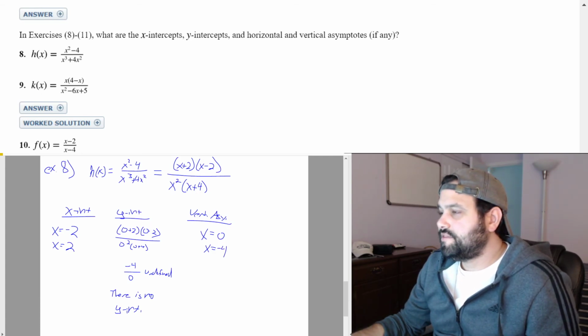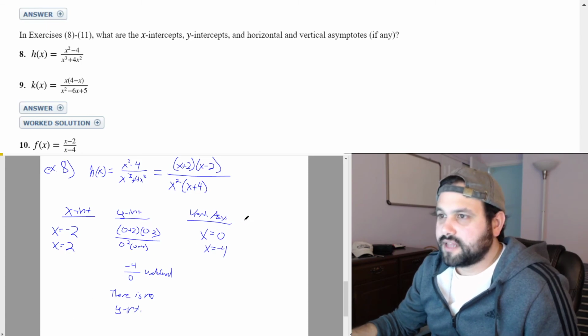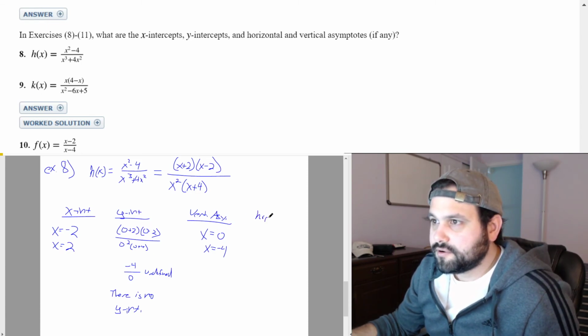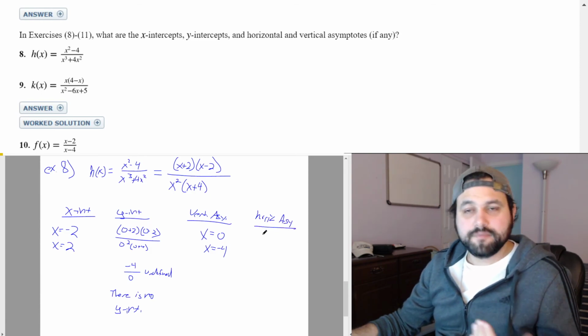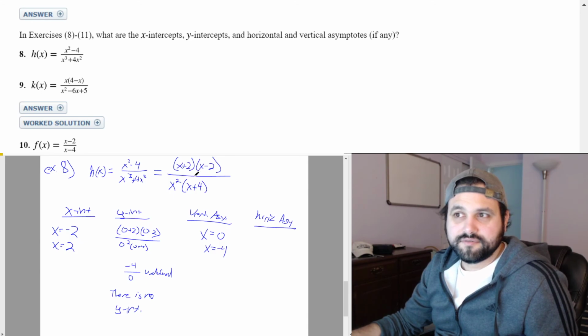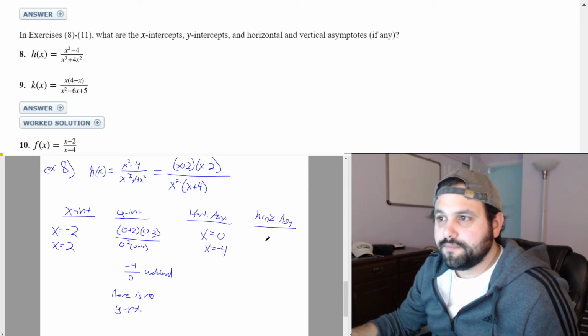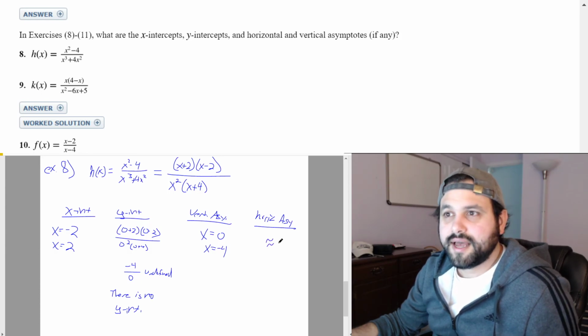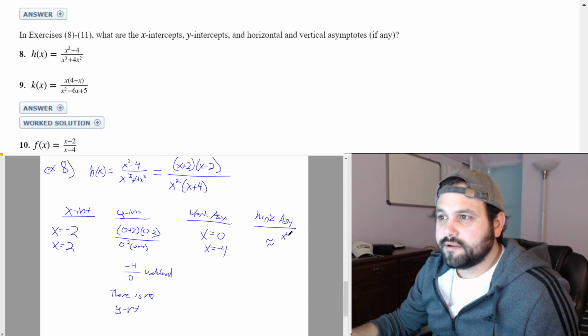And then the horizontal asymptotes. Are there any horizontal asymptotes? Horizontal asymptotes come from end behavior. So now I'm actually not going to look at the factored form. I'm going to go back to the original. They're going to have the same horizontal asymptotes as x squared over x cubed, right?